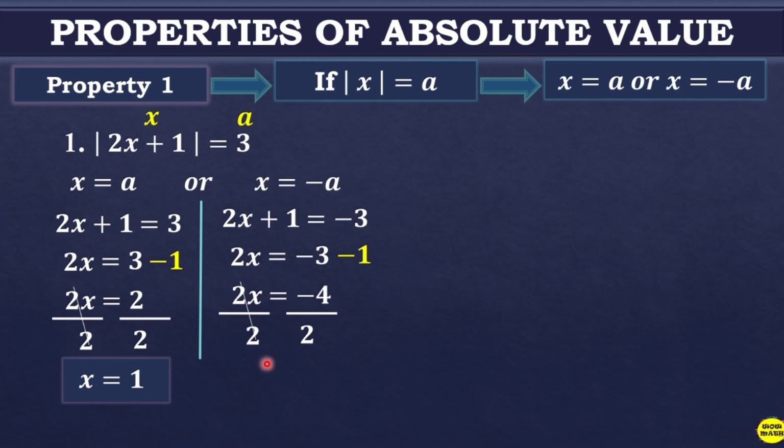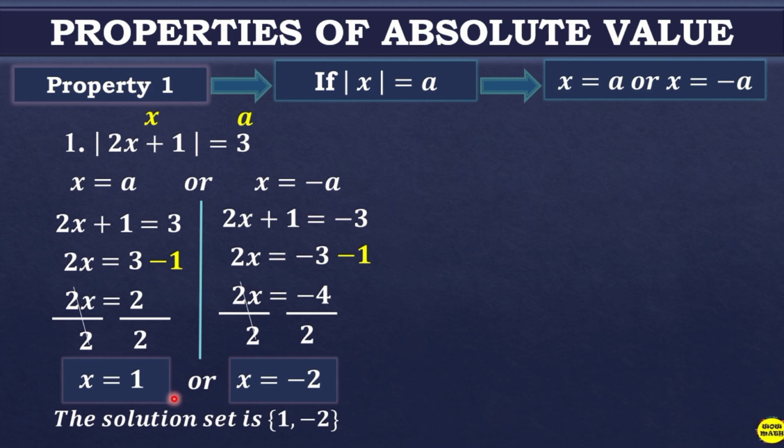And then, x is negative 4 divide 2, that is negative 2. Huwag po kalimutan yung word na or. Importante po yan. Okay? So, our solution is x is equal to 1 or x is equal to negative 2. Okay, next. So, the solution set is the 1, negative 2.